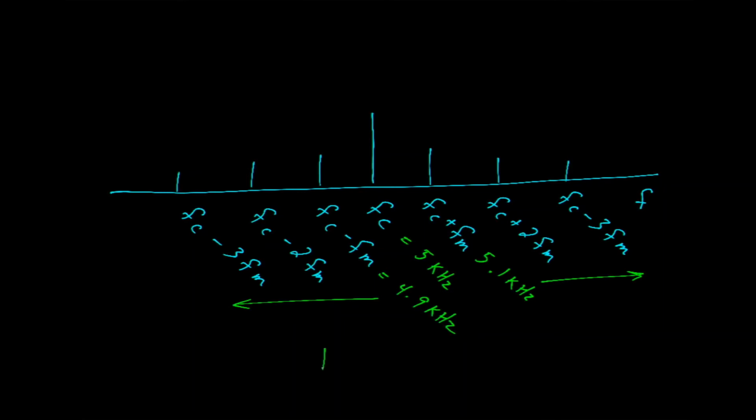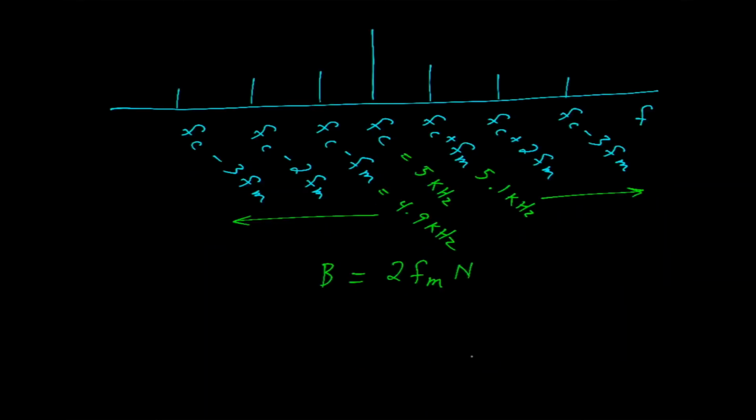Let's add a new equation to our note cards. Bandwidth is equal to 2 times the modulating frequency times the number of sideband pairs. This is the example I just did with GNU Radio. We talked about the bandwidth is 2 times the modulating frequency, which was 100 hertz.